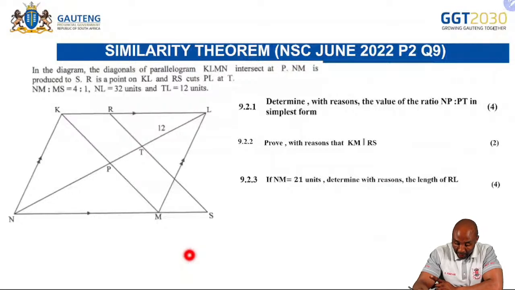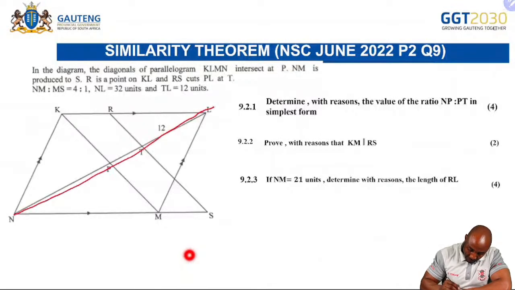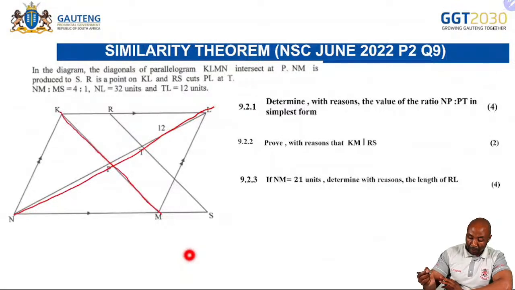These are the kind of questions that we are going to meet in the exam. Now, the first thing that we must do here, we must know the properties of a parallelogram. If we do not know the properties of a parallelogram, we will get stuck. Now, we are given that NL. If you check, NL is a diagonal, and also KM is another diagonal because we are talking about a parallelogram.